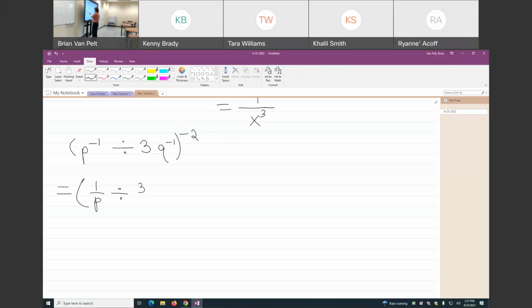I'm going to write the 3 as 3 over 1. Then the q to the negative 1 is 1 over q. We handle the division because it comes first.